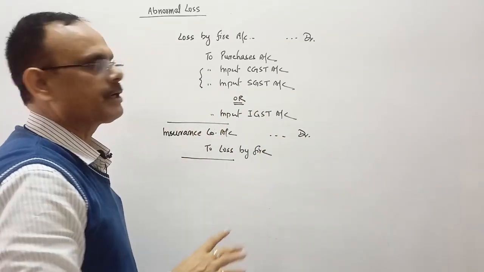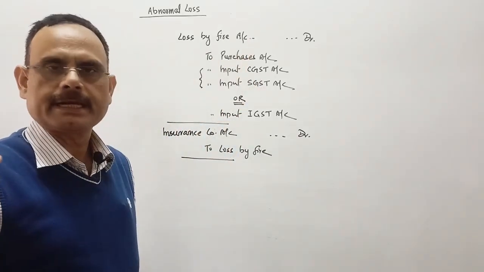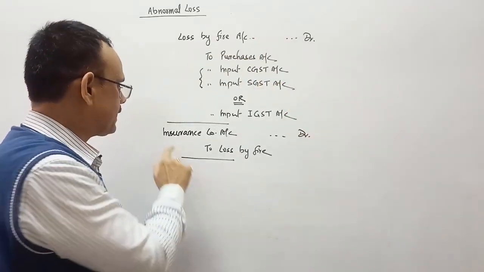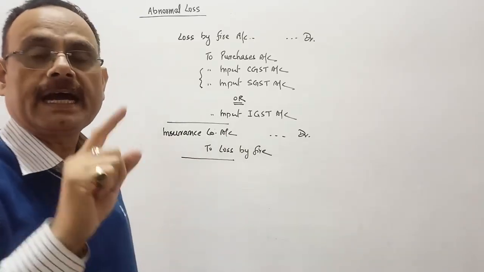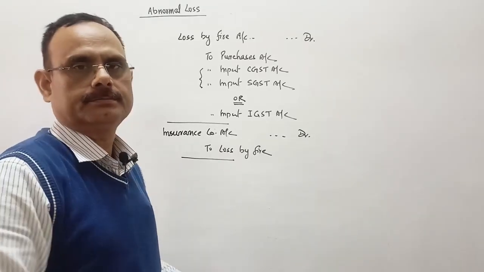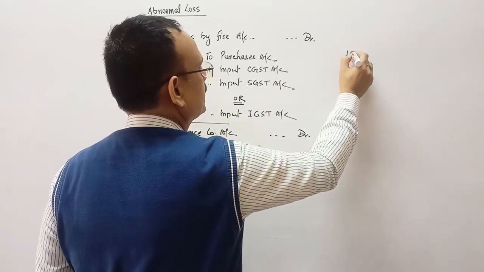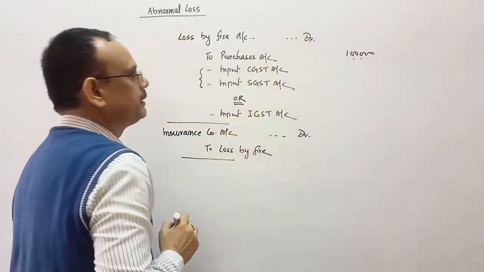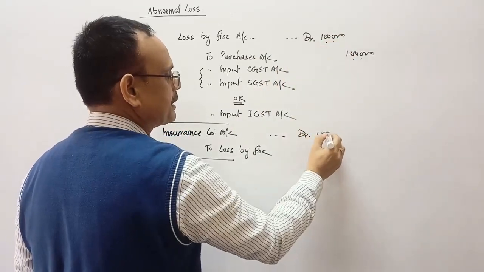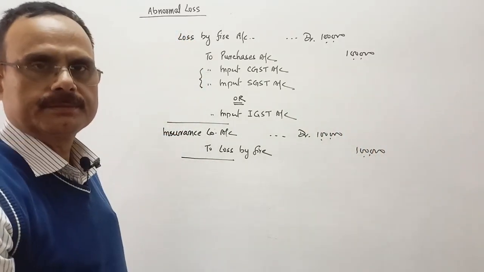So in that case, if the goods is fully insured, then that will be deducted from the purchase in the trading account, and in balance sheet asset side, this will be reflected as insurance company or insurance claim. Suppose here 1 lakh is the loss, and this 1 lakh is received from the insurance company, admitted 100% claim.